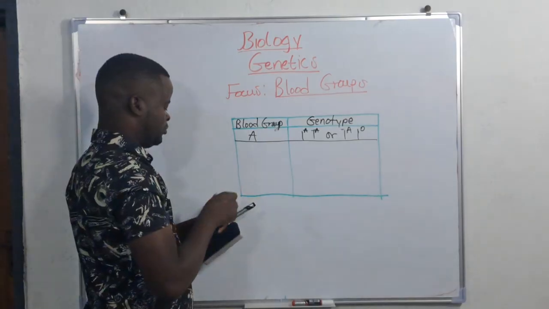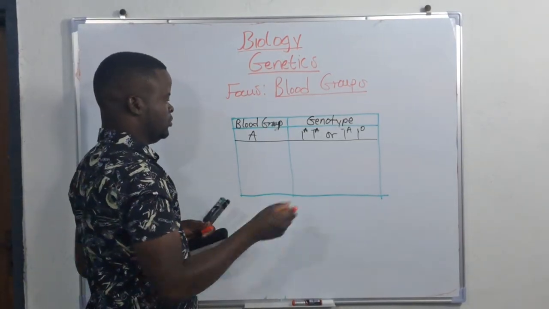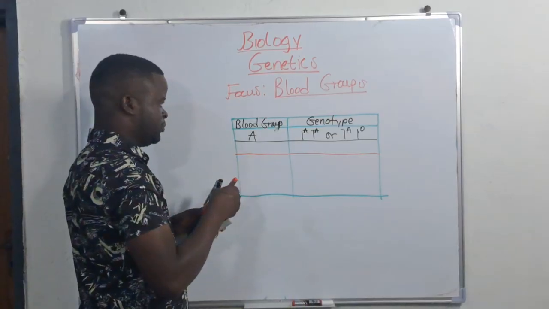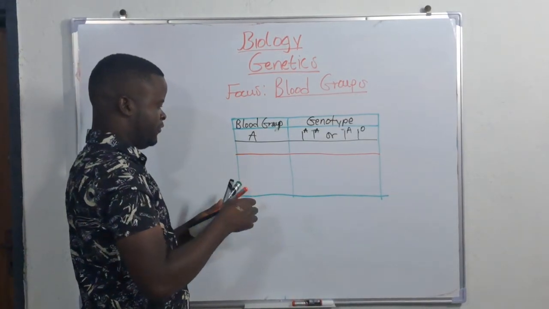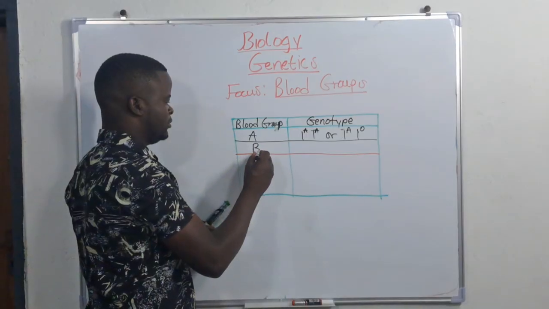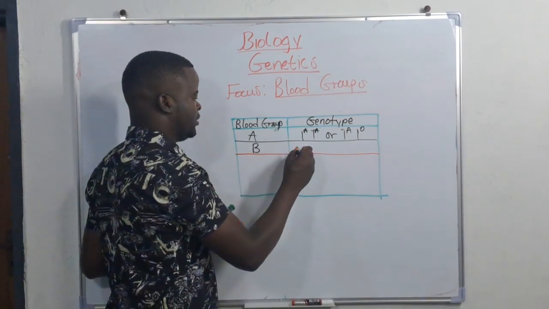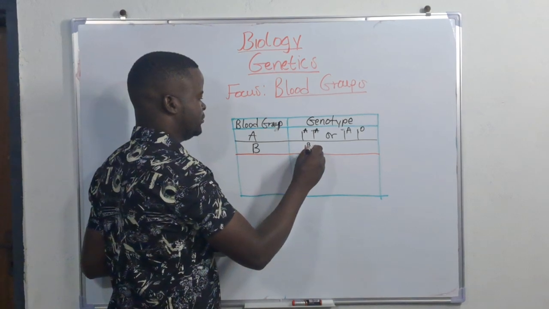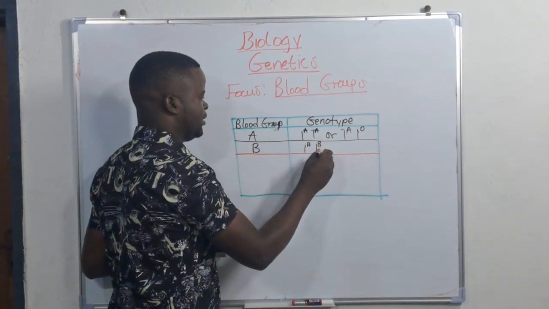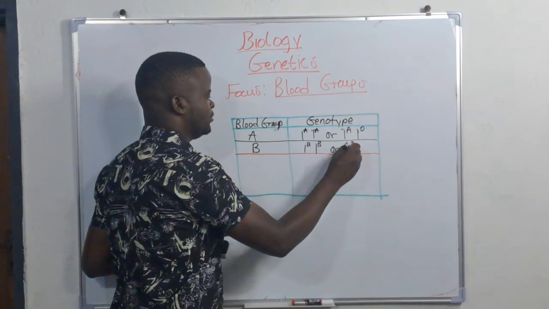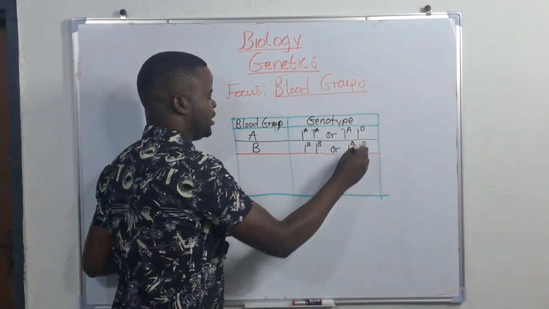This is all about blood group A. So let's go to blood group B. Possible alleles or possible genotype for blood group B: this one can only have IB IB, or we are going to have IB and IO.